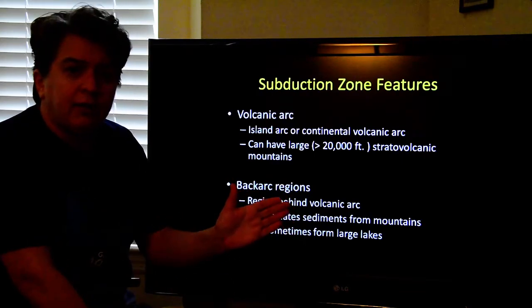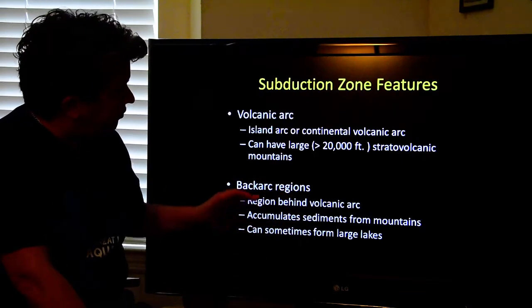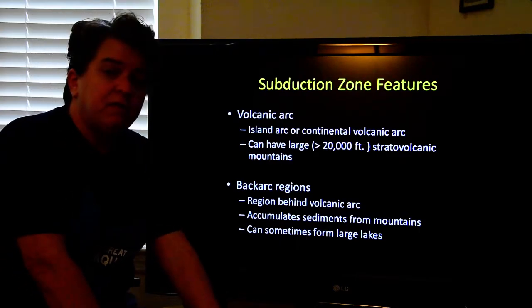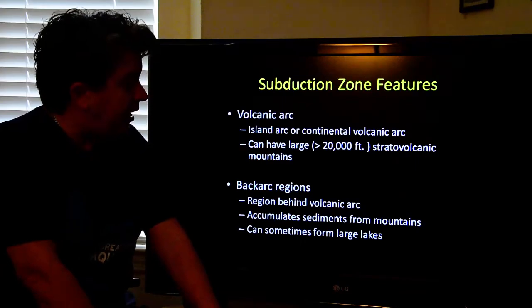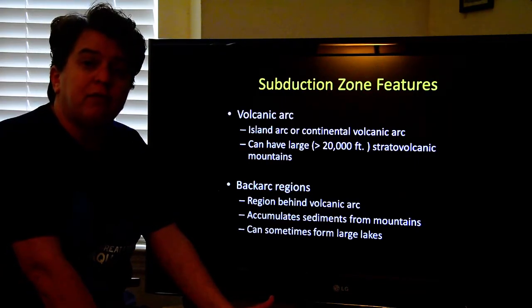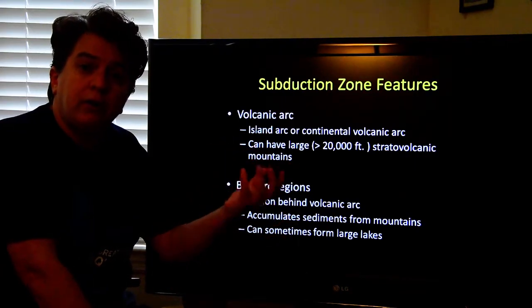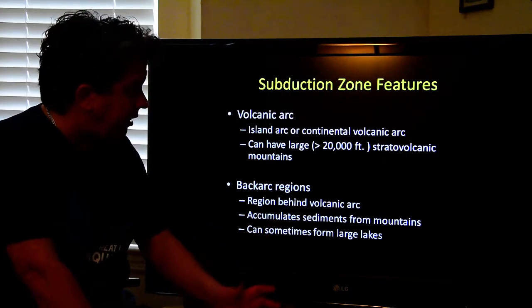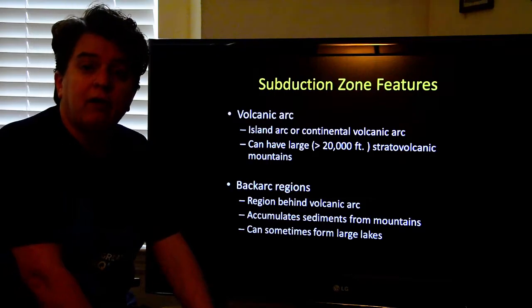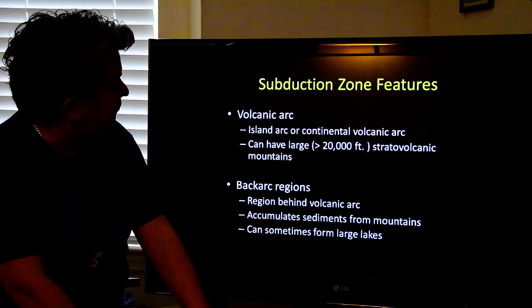Now, once we get beyond that, we're going to reach the back arc region. And this is an area behind the volcanic mountain range. And again, this is going to be a place where sediments that are being eroded from those mountains are going to accumulate. And sometimes these areas also have large lakes in them.